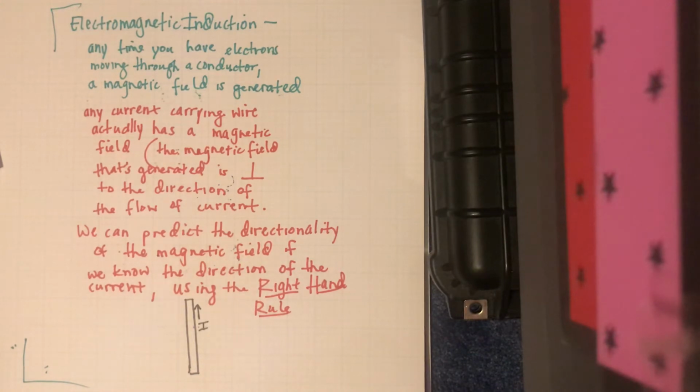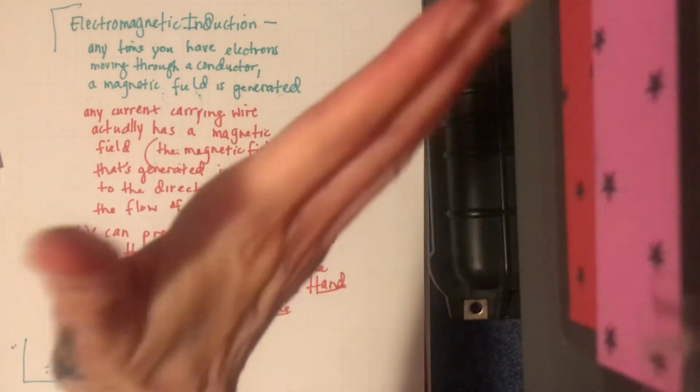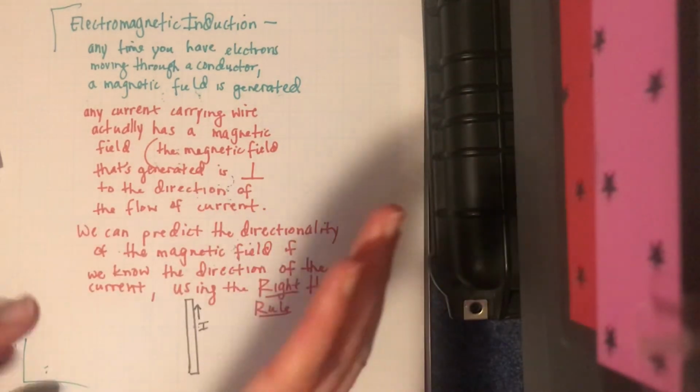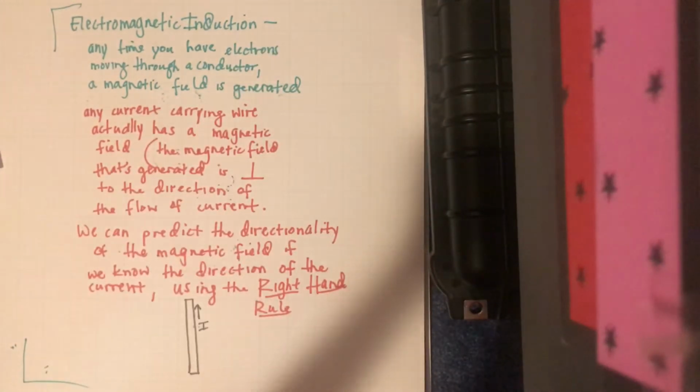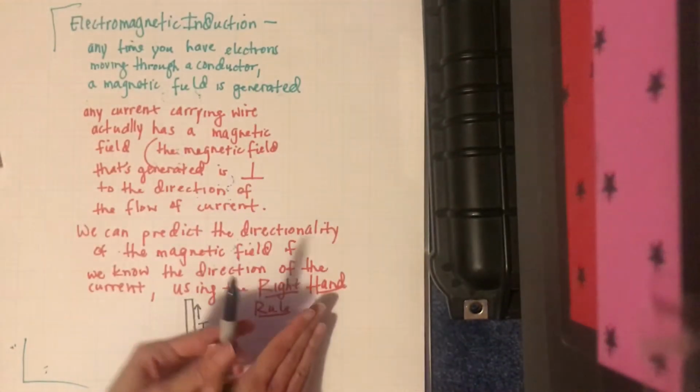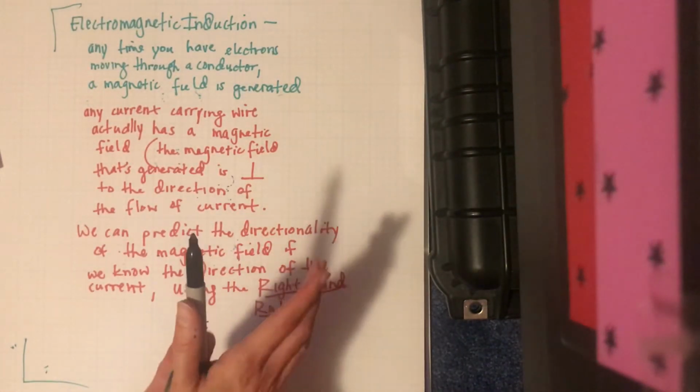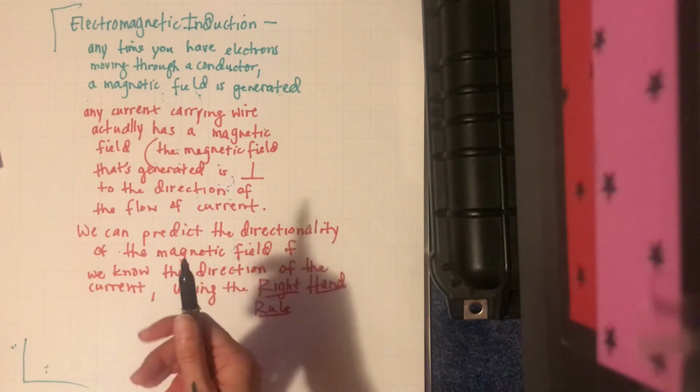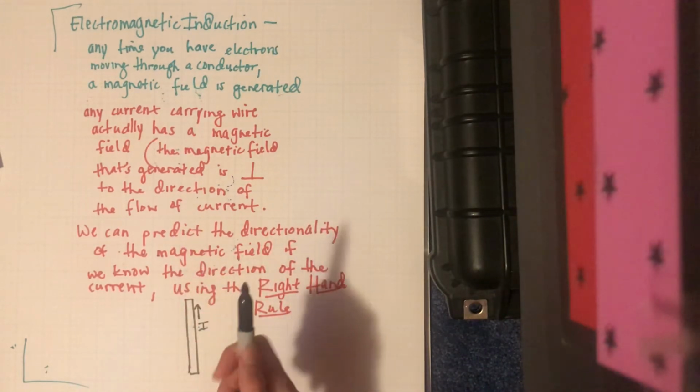Based on the right-hand rule, if I point my right thumb in the direction of the conventional current, I, so I'm going to point my thumb upward, then my fingers will wrap around the wire in the direction of the magnetic field.